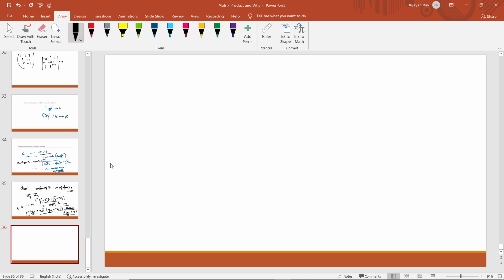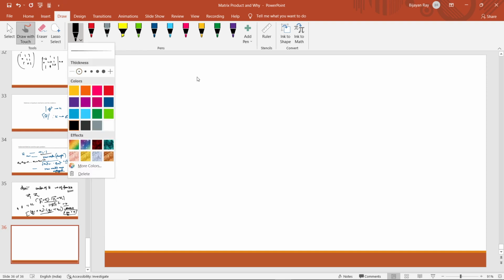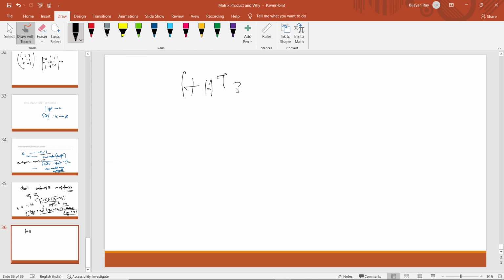And some other properties: H times H transpose is equal to n times the identity. This is easy to see, right? This row with this row is basically the same, and this is basically the norm, and since the norm is root n, this is n.